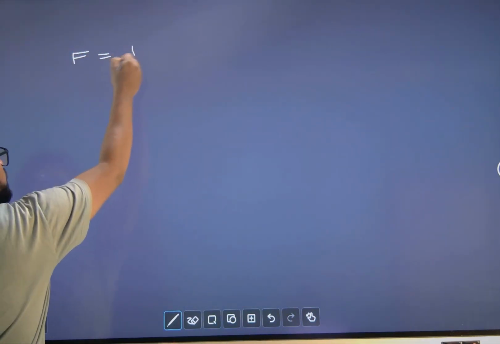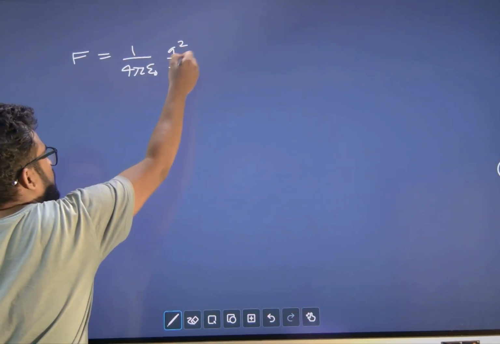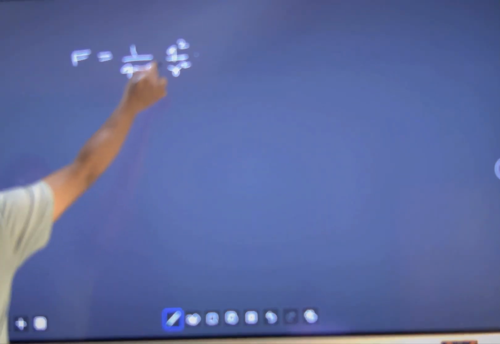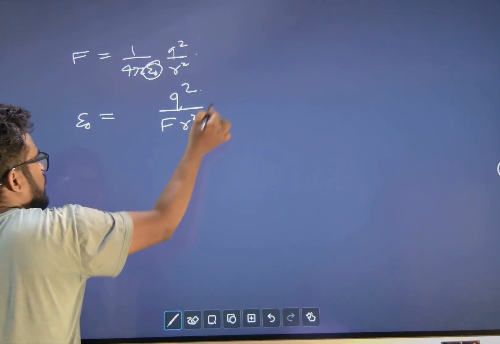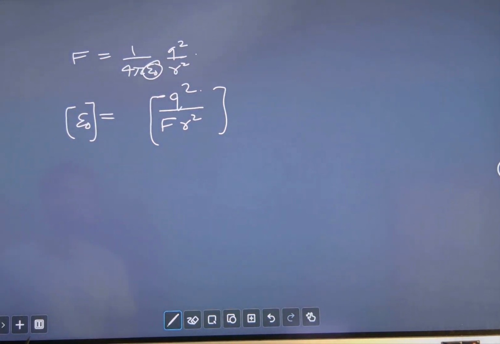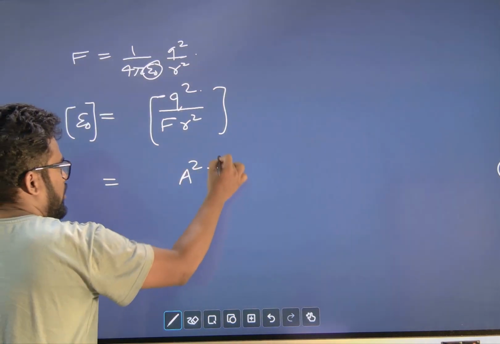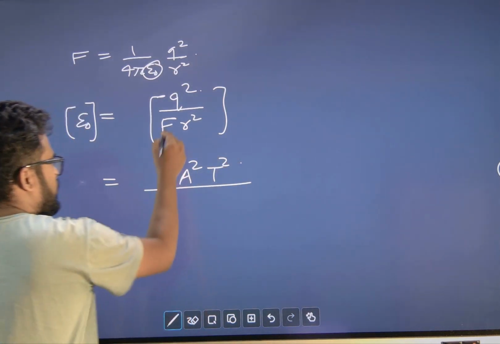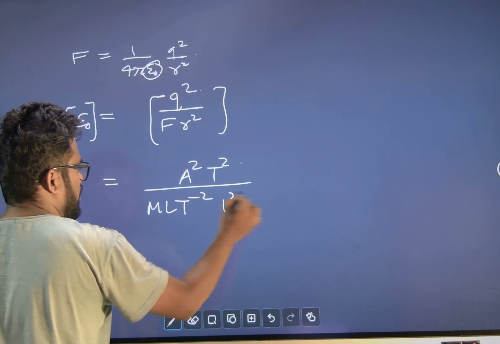Force equals 1 upon 4 pi epsilon naught times q square by r square. Coulomb's law. If you talk about epsilon naught, epsilon naught would be q square upon F r square dimensionally. 4 pi is a dimensionless constant, so I'll leave that. Charge is AT, so A^2T^2. Force is MLT^-2, r square is L square.